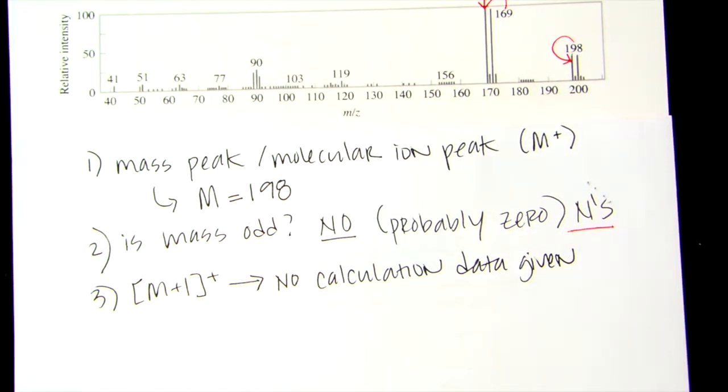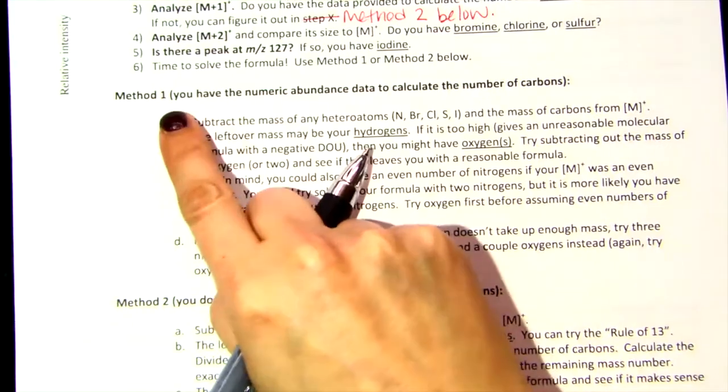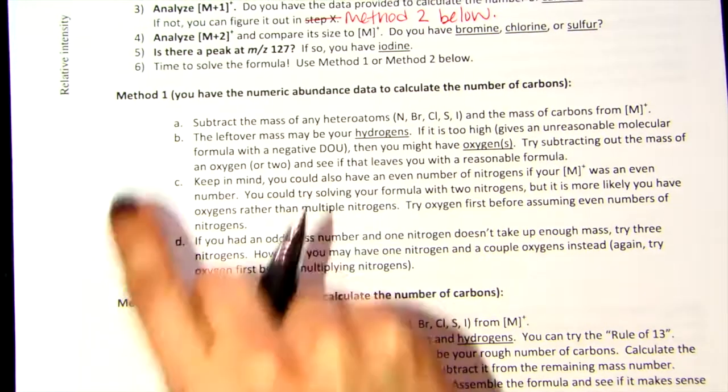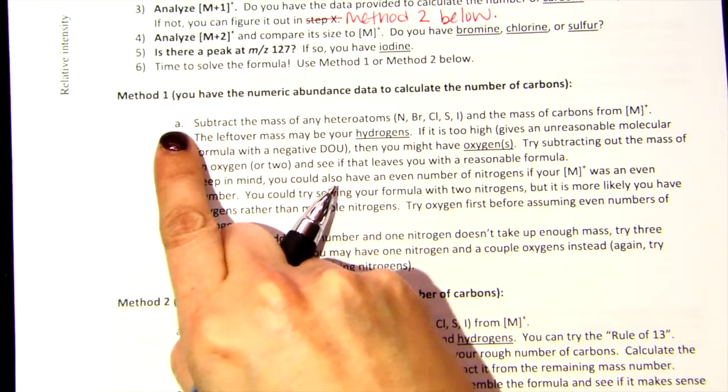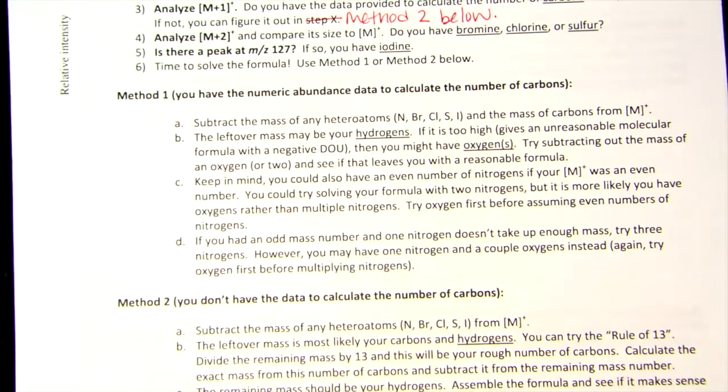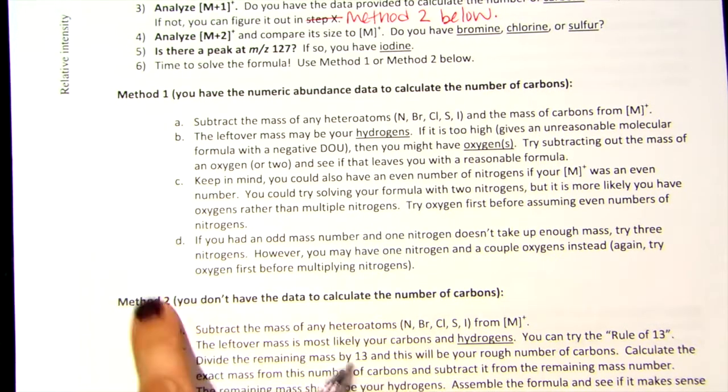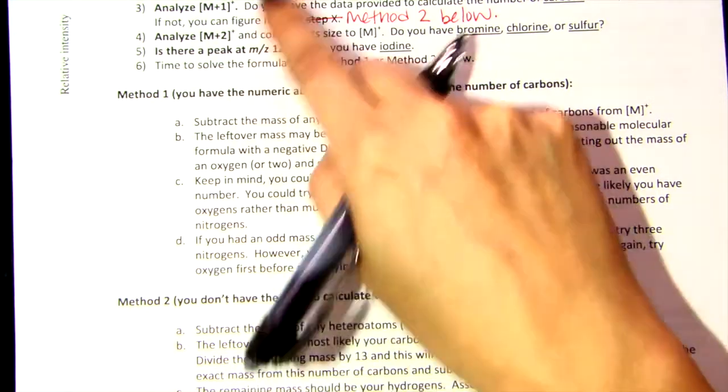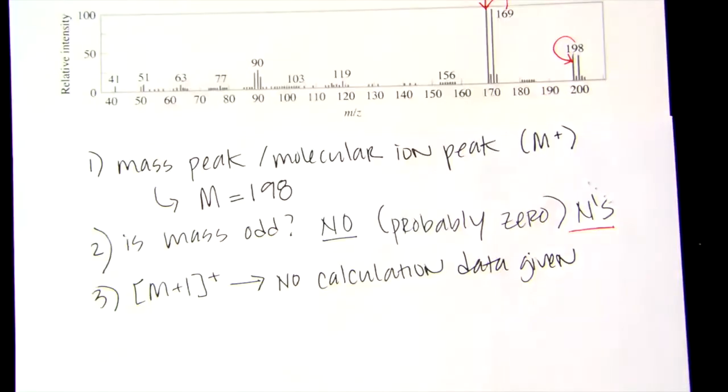We're just going to estimate at the end once we figure out all of our heteroatoms. And so that's what I'm talking about when I'm talking about the 2 different methods for putting it all together. Method 1 is you have an exact number of carbons you've calculated. Method 2 is you don't have the data to calculate the carbons. So we're going to go to method 2 after we go through the first 6 steps.